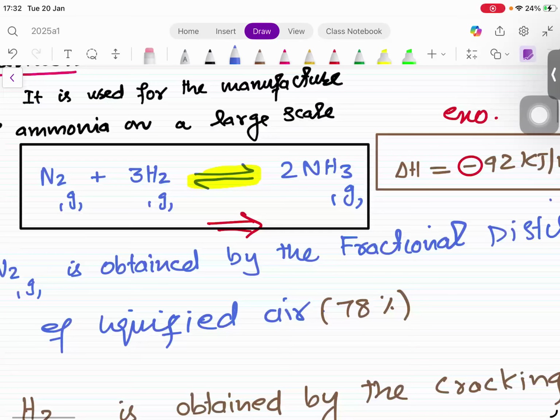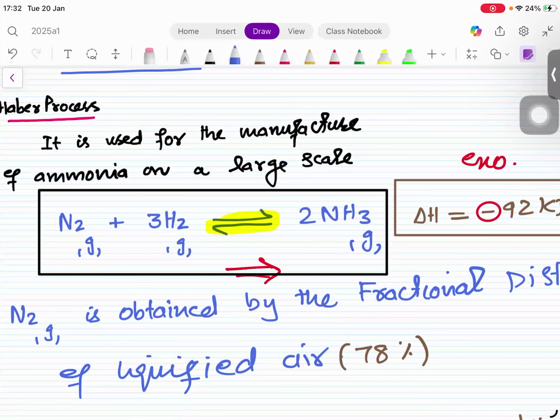What do you suggest about the pressure? Should it be high or low for the better yield of ammonia? For the pressure you have to see the number of moles. 2 moles on this side for the ammonia, and how many moles on this side? 4 moles on this side. So what do you think? High pressure gives the equilibrium forward, giving better yield of ammonia.